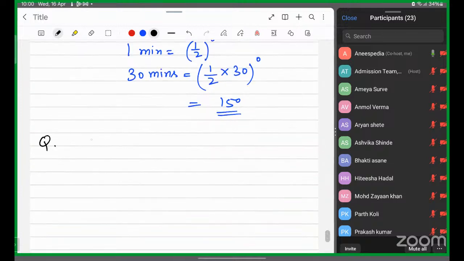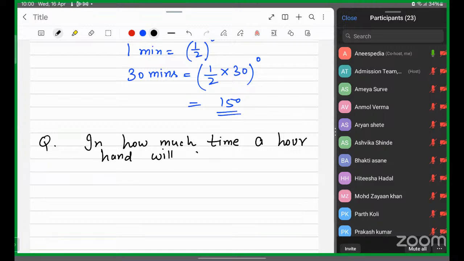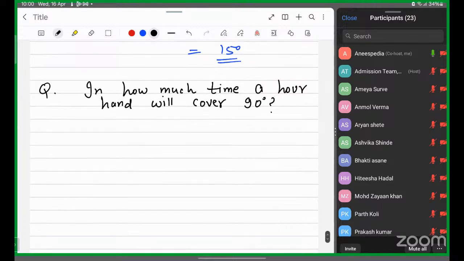Question may be like this. In how much time will the hour hand cover 90 degrees? So we know that in 1 minute, it travels 1/2 degree.